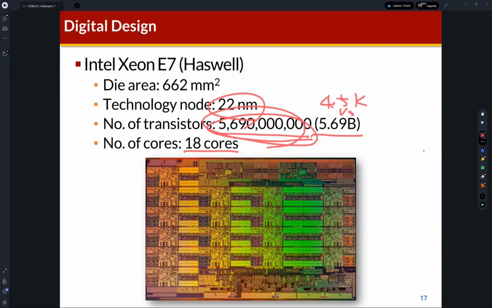Even though our computer system, so actually this is the CPU chip, we know our computer systems are composed of many components, including CPUs.